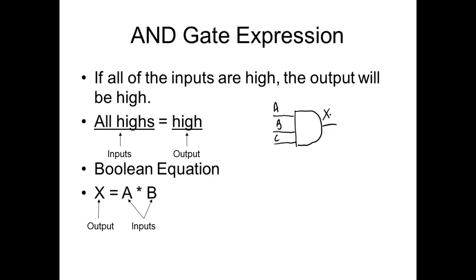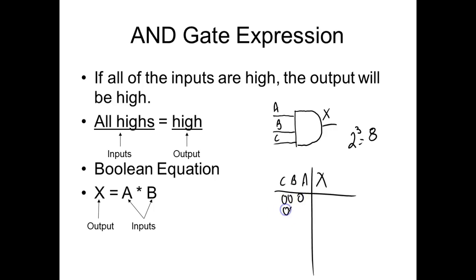Now this gives us the ability to do a truth table, right? And what does a truth table do for us? It shows how the output responds to all input possibilities, right? I know I've got 3 inputs, and we can calculate the number of entries on any base by taking the base to the power of the number of bits. We're using 3, so there are going to be 8 entries in our truth table. That makes sense? The way the truth table looks, we put the inputs on the left and then the output on the right.